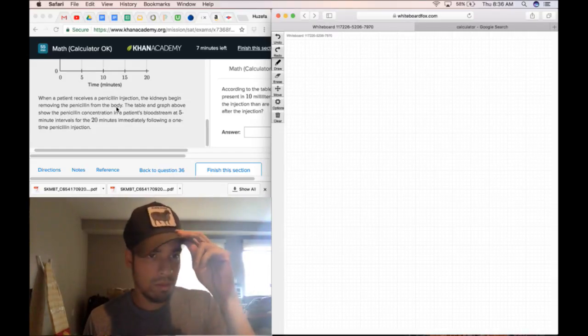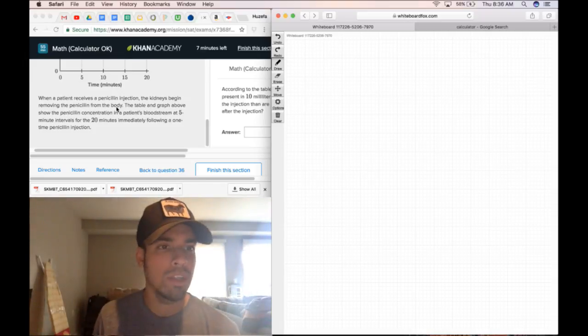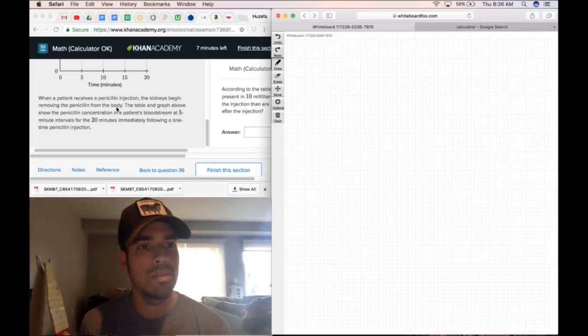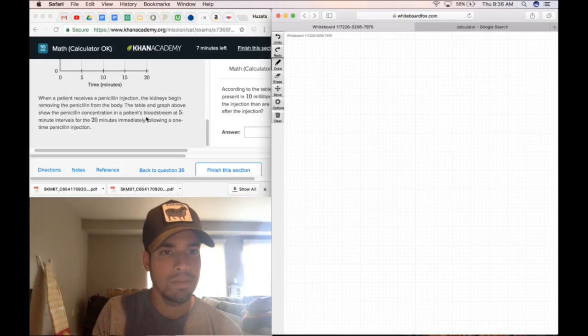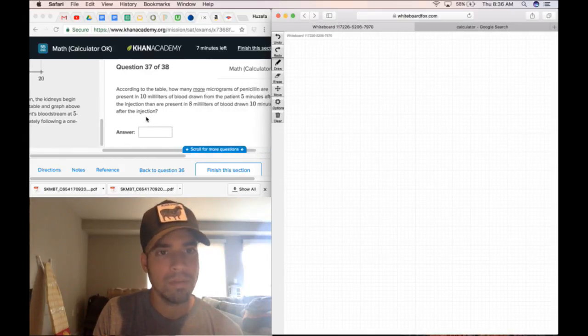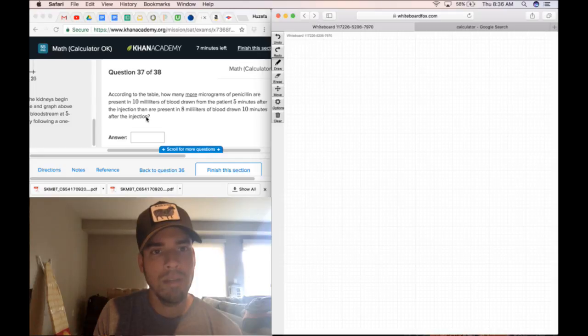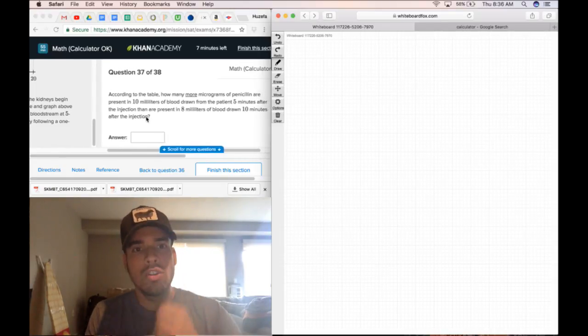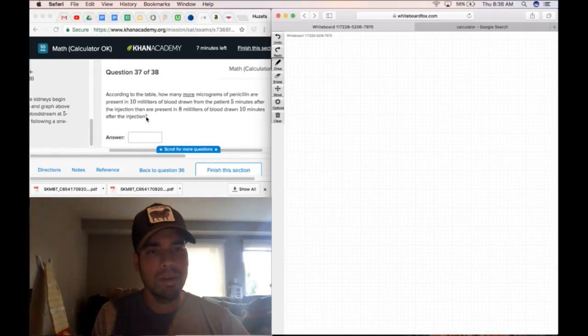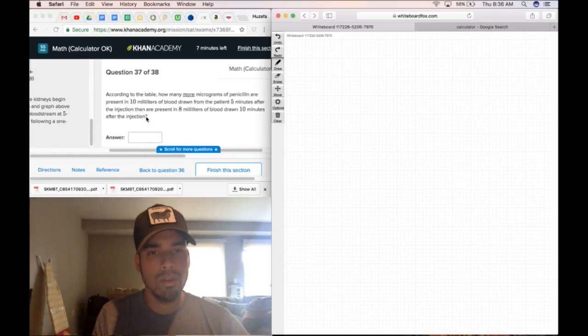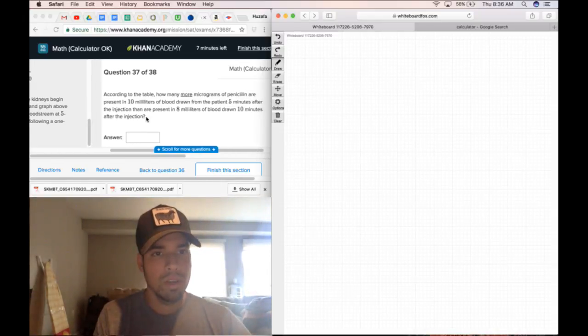The table and graph above show penicillin concentration in a patient's bloodstream at 5-minute intervals for the 20 minutes immediately following a one-time penicillin injection.